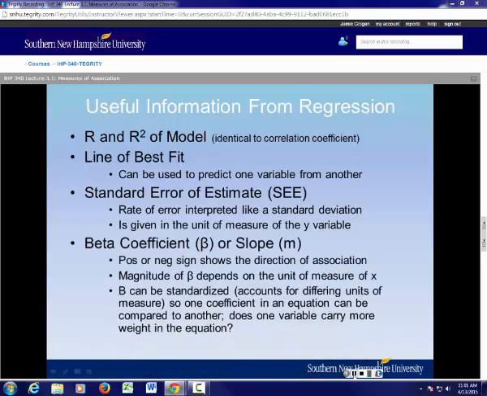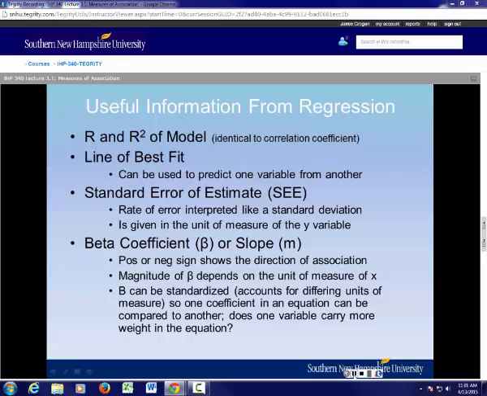Okay. The other thing you get, well, it's actually part of the line of best fit, is the slope. The slope for that x, and if you have many x's in the equation, as in a multiple regression equation, you have many slopes. And so in the research literature, you will often see the term beta coefficient. And the beta coefficient is another word for slope.